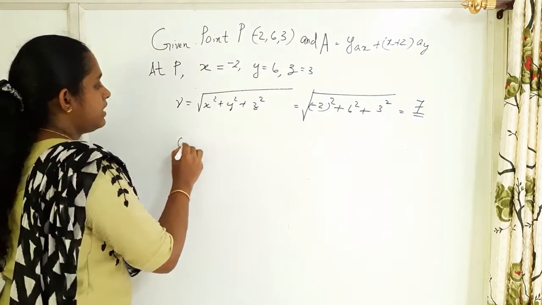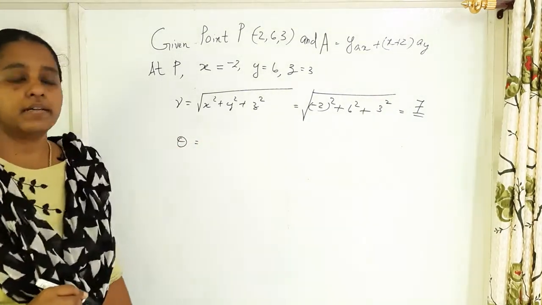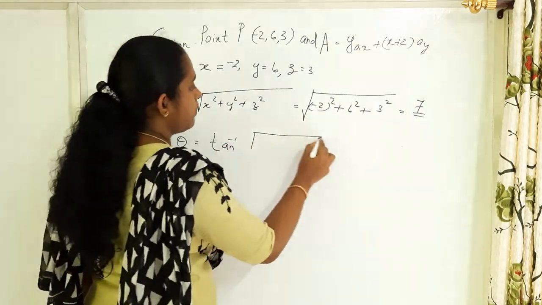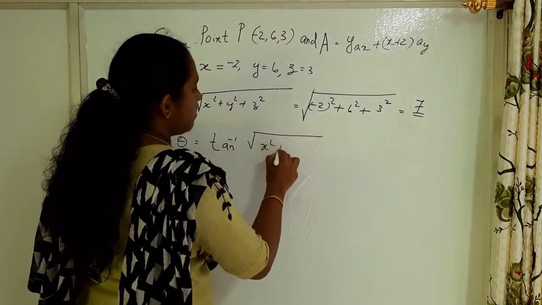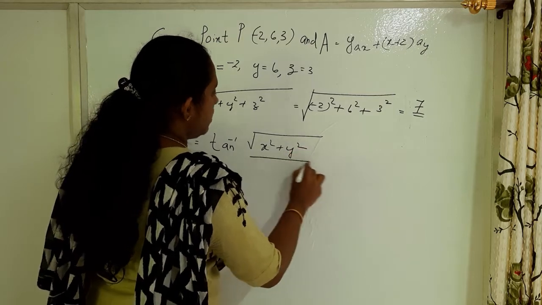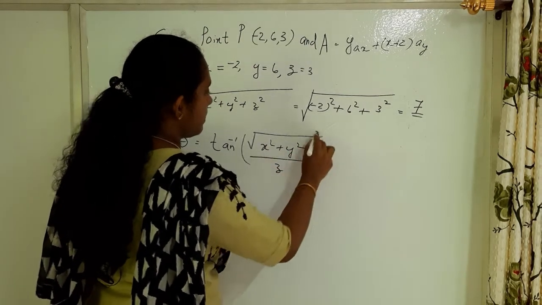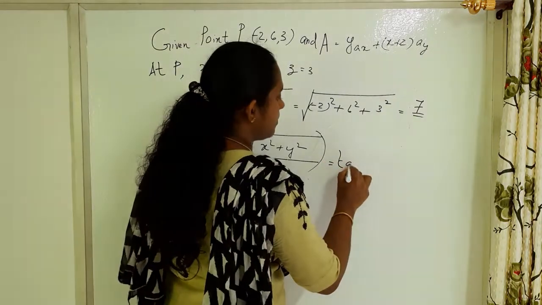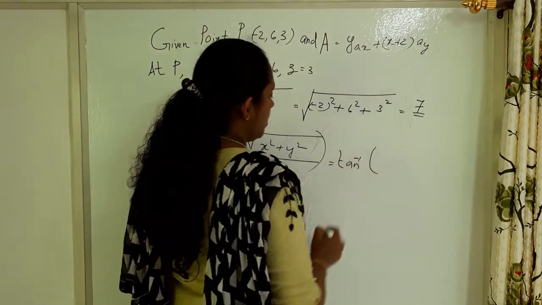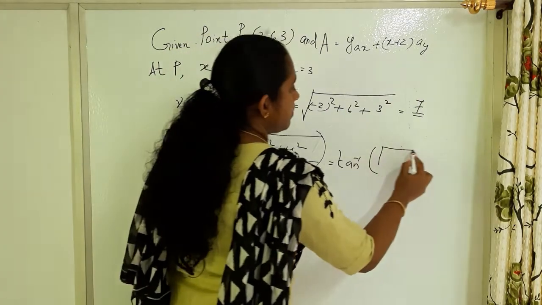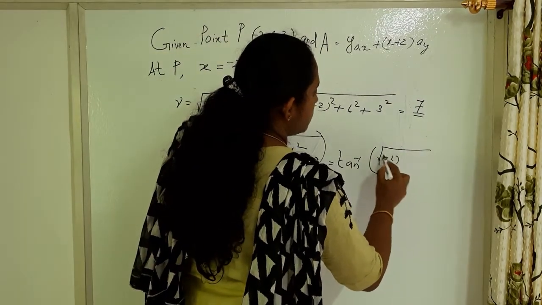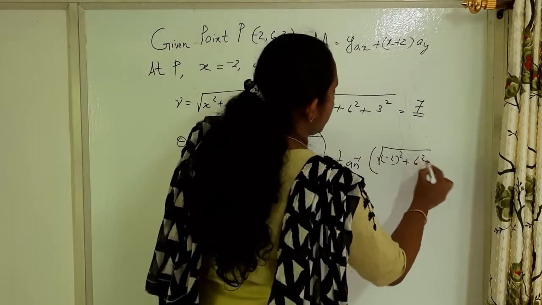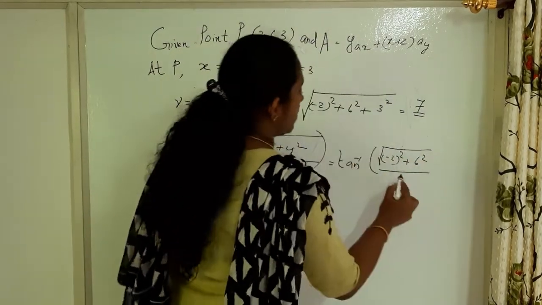Next we find theta. Theta equals tan inverse of the square root of x squared plus y squared, divided by z, which is tan inverse of the square root of (-2) squared plus 6 squared, divided by z equal to 3.